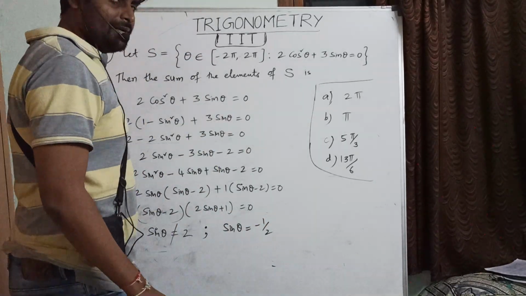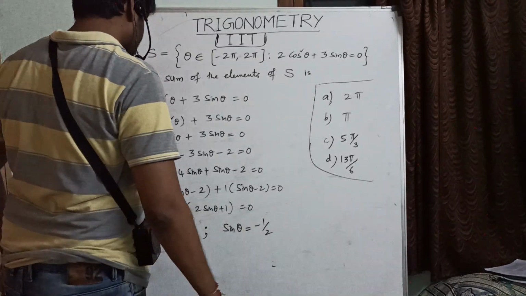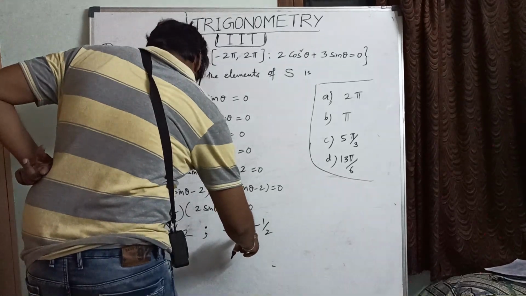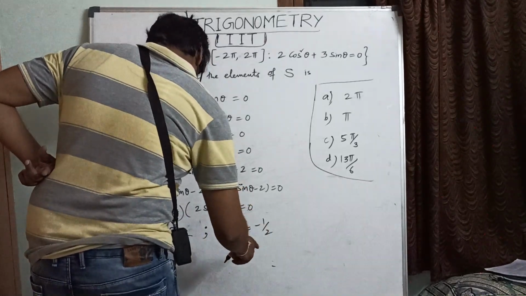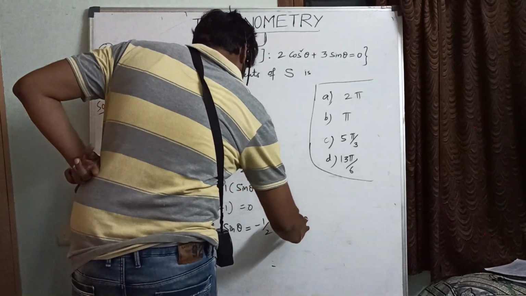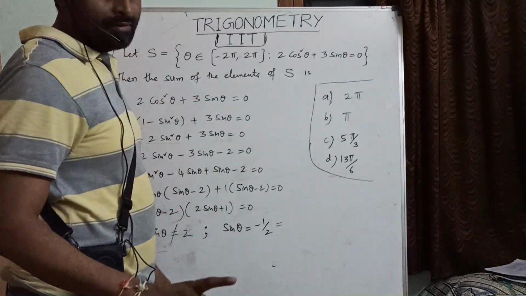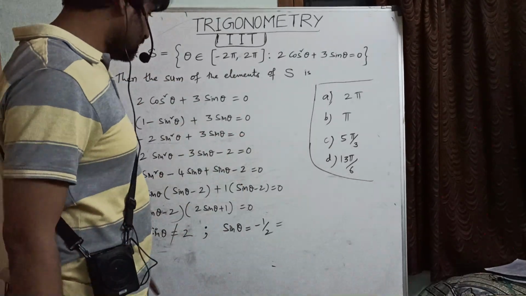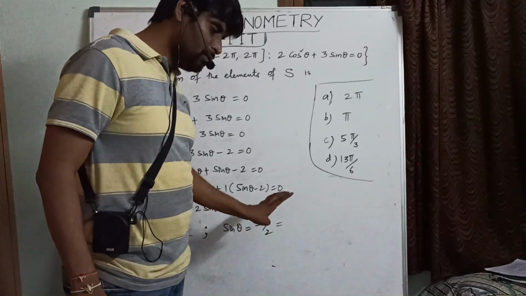So minus 1 by 2 means what is the possible angle there? Here, where is sine negative? Third quadrant. So pi plus pi by 6. Generally for 1 by 2, what is the angle?